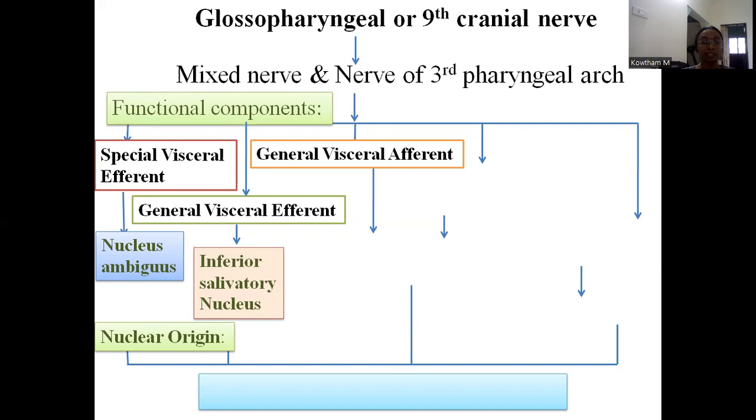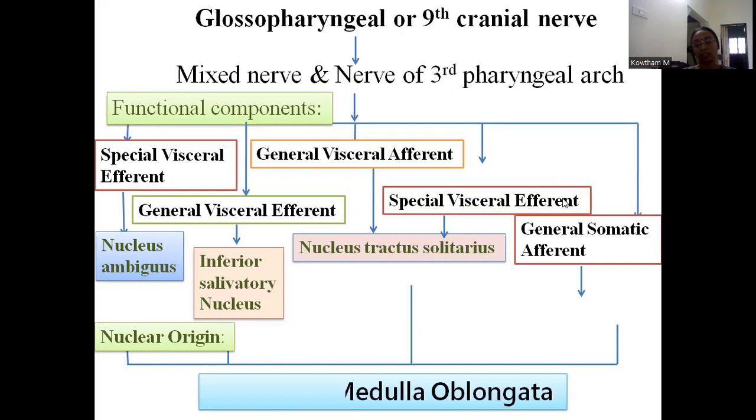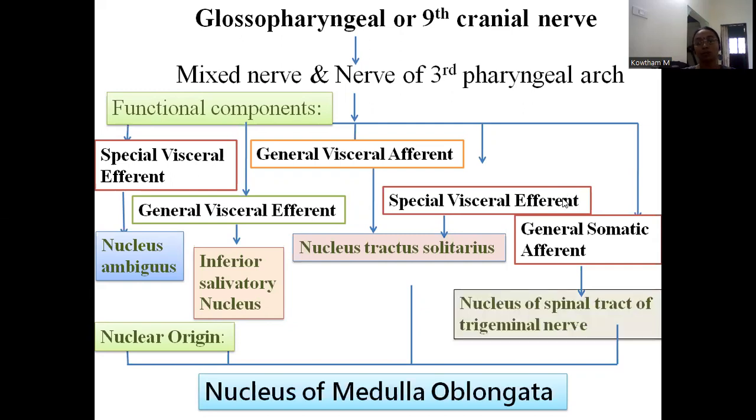The next one is general visceral efferent, and the nucleus of origin is the inferior salivatory nucleus. The next one is general visceral afferent, and the nucleus of origin is nucleus tractus solitarius. The special visceral afferent also has its nuclear origin in nucleus tractus solitarius. And the last one is general somatic afferent, where the nuclear origin is the spinal nucleus of the trigeminal nerve.